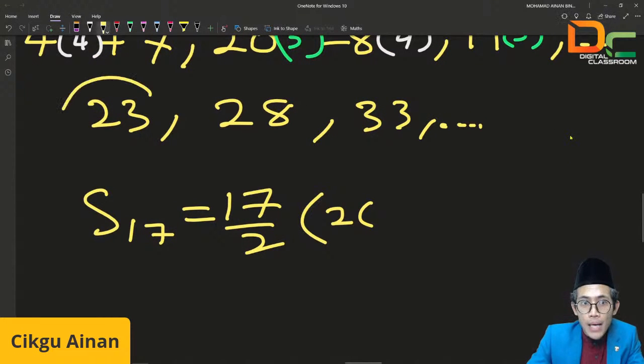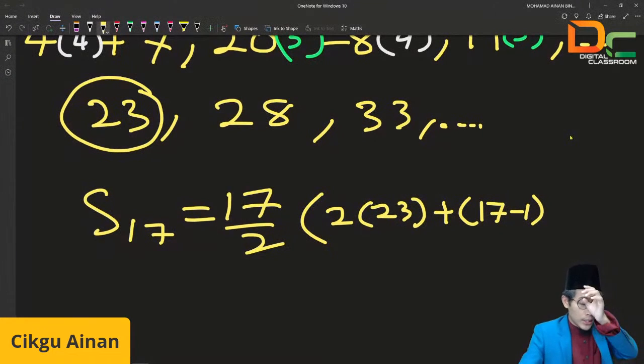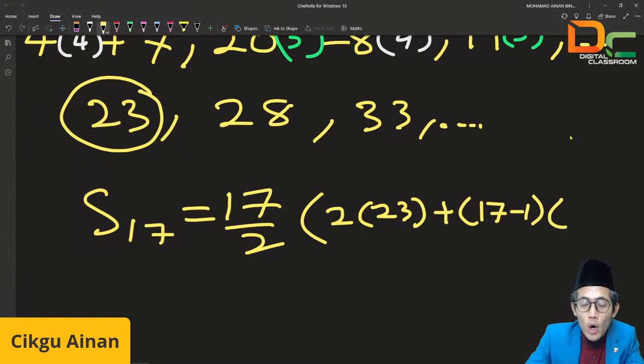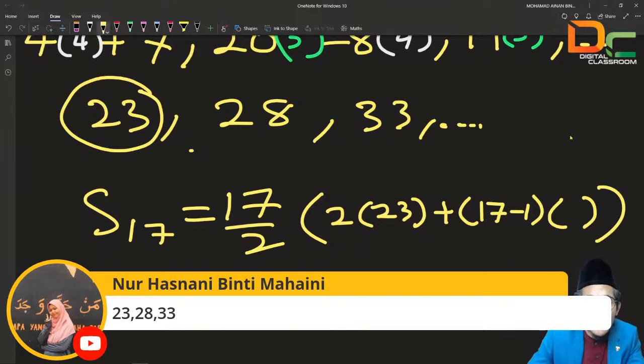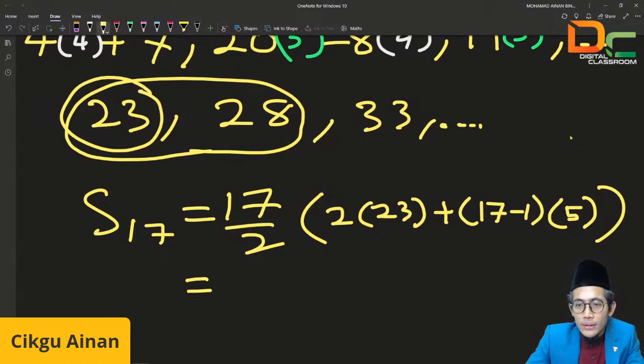What is the first term? This one, 23, plus 17 minus 1, it's going to be 16, and then the common difference. Kita tolak: 28 minus 23, it is 5. Okay, so this one, kira lah.